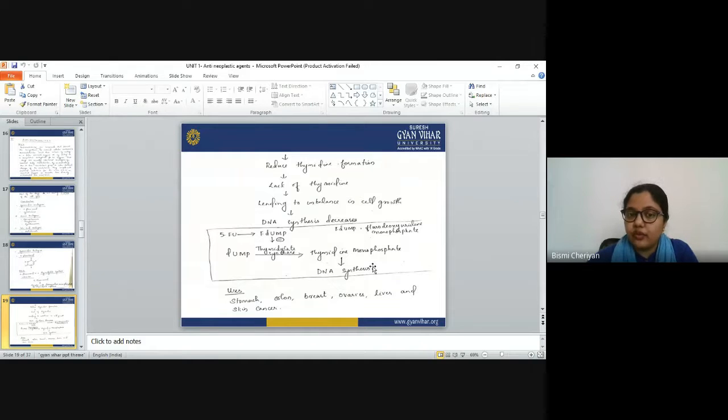So what does 5-fluorouracil do? 5-fluorouracil comes under the category of anti-metabolite drugs; it is a pyrimidine analog.